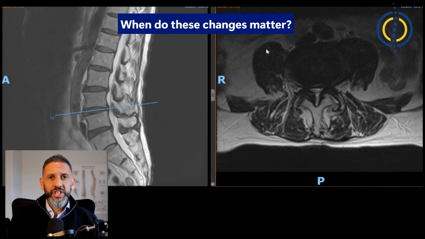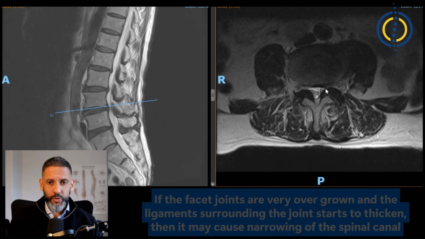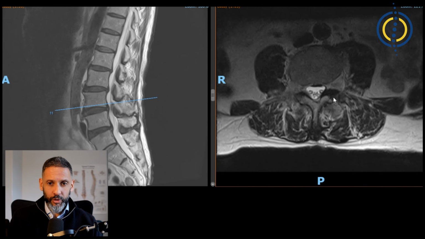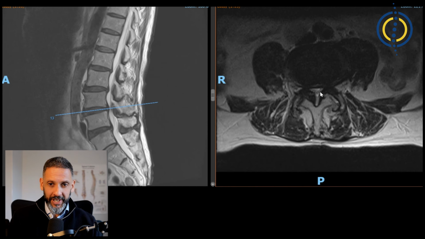So when do these changes actually matter? Well, let's say the facet joints are so overgrown from wear and tear that they start to grow inwards, and as well as that there's thickening of the ligaments shown here. If we scroll down to this point here, we can see that central spinal canal there has narrowed and shut down almost.